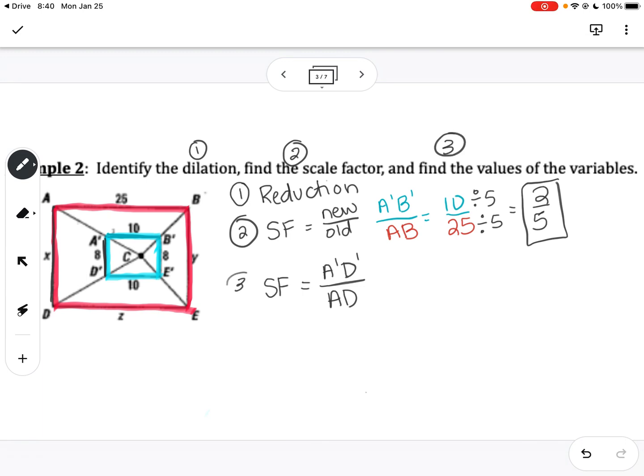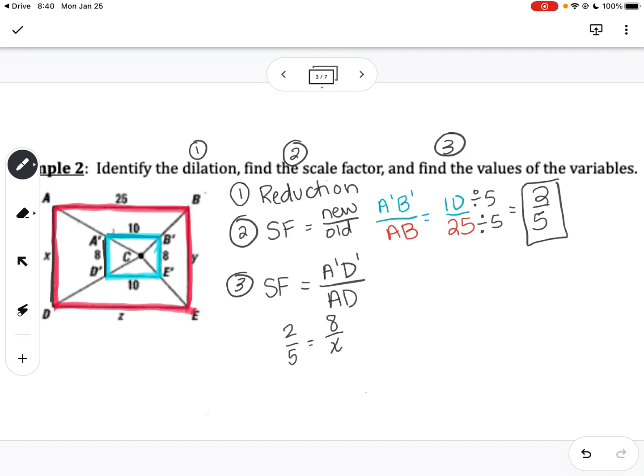So I'm on part 3 now, finding the variables. My scale factor is 2/5, and A prime D prime has a measure of 8 units, and the old AD is x. You might be able to see the relationship here in a multiplier that it would be going by.